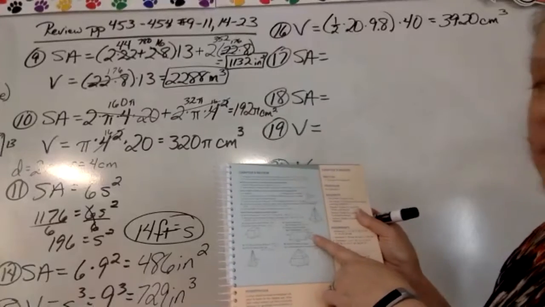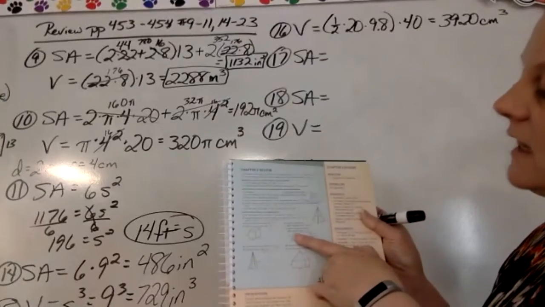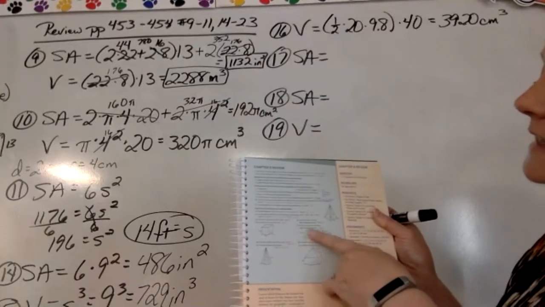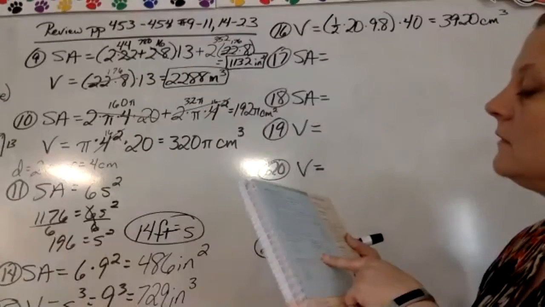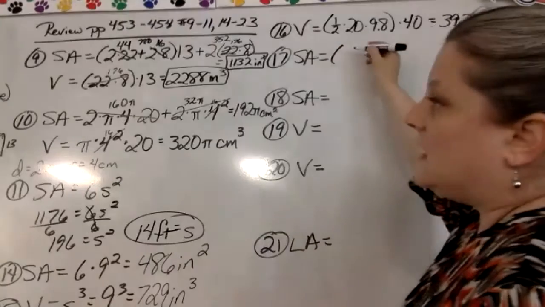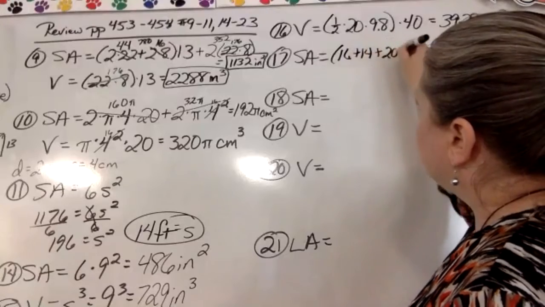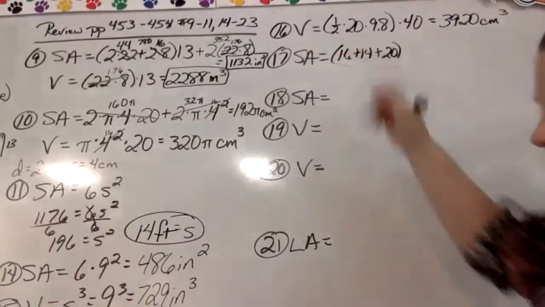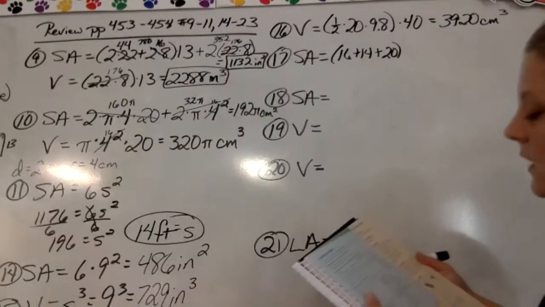The two triangles on each end are the same size, so on the other end, the front side that's slanted is 16. So your perimeter of the triangle is 16 plus 14 plus 20, times your height of the whole thing, which is 40.